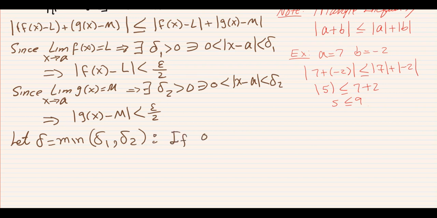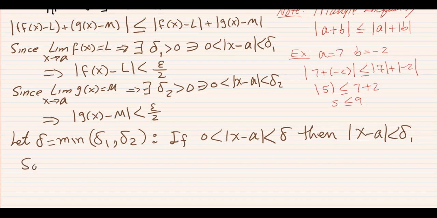If the absolute value of x minus a is less than delta, then the absolute value of x minus a is going to be less than delta 1, so that the absolute value of f of x minus L is less than epsilon over 2, and the absolute value of x minus a is going to be less than delta 2.